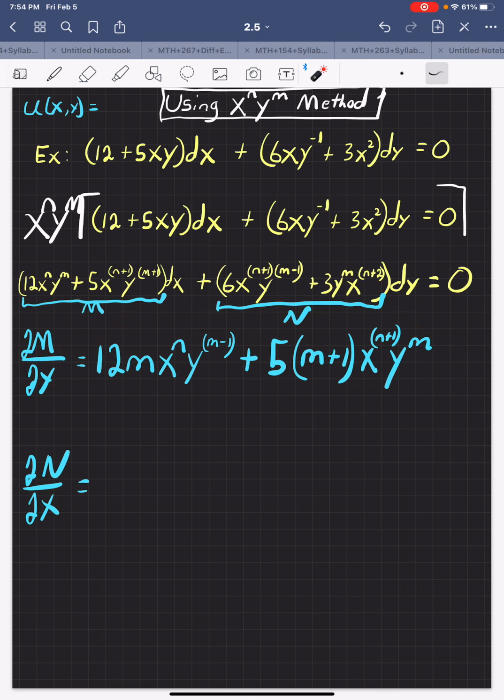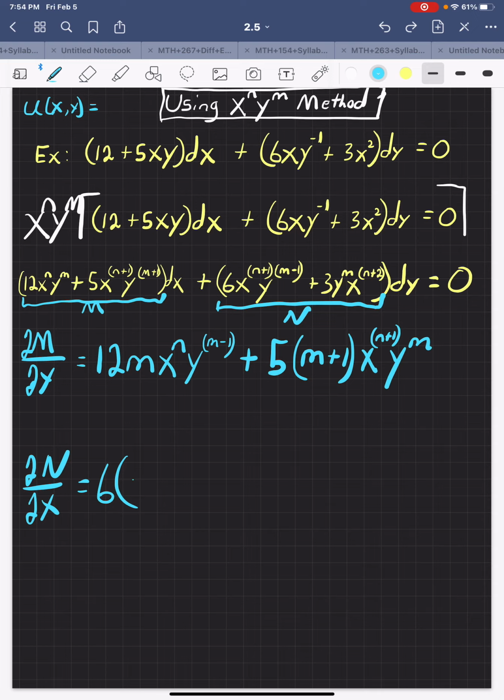Okay, so now I'll show you where we're going with this in just a second. Let's go to N and take the partial of that with respect to x. I took my time on the previous partial, but I'm going to expedite this process here, sorry.